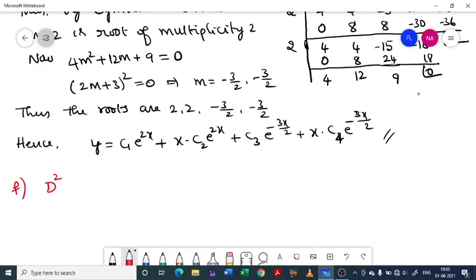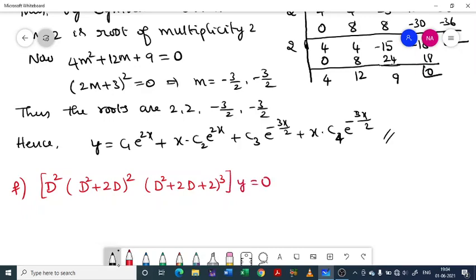D square, bracket d square plus 2d whole square, times d square plus 2d plus 2 whole cube, times y equal to 0. Yes, this is the given problem.